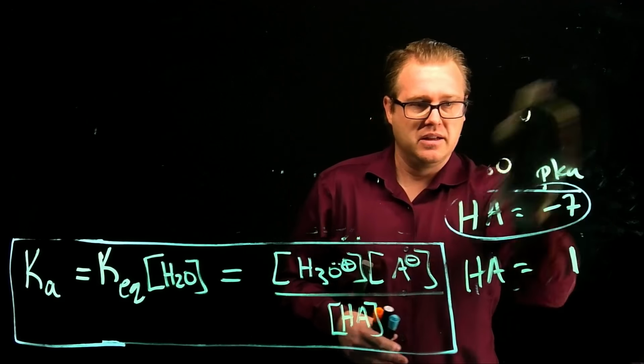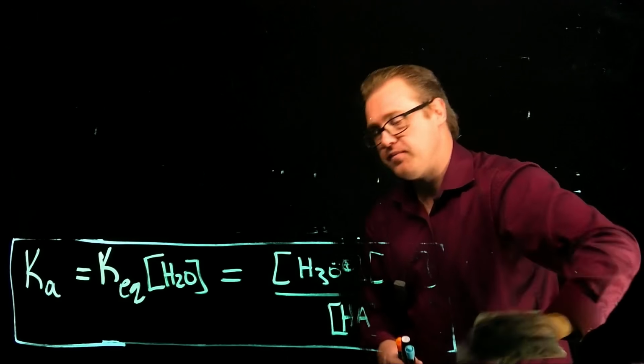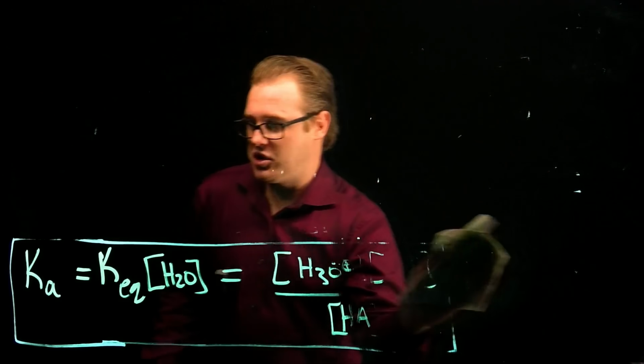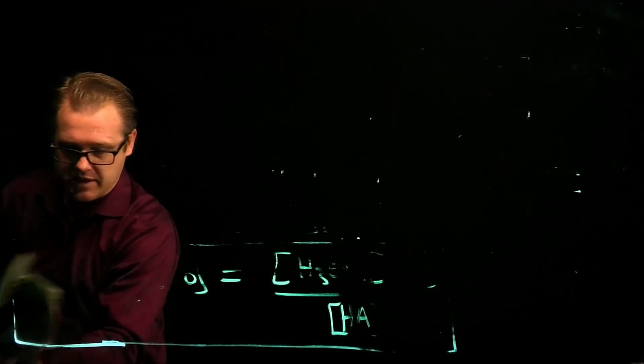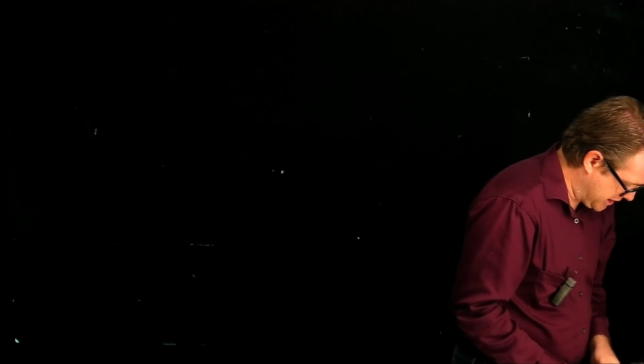So what I want you guys to understand are some general functional groups and their pKa's, and kind of memorize those. You don't have to memorize everything, but I do want you to understand the acidity of a few things, okay?